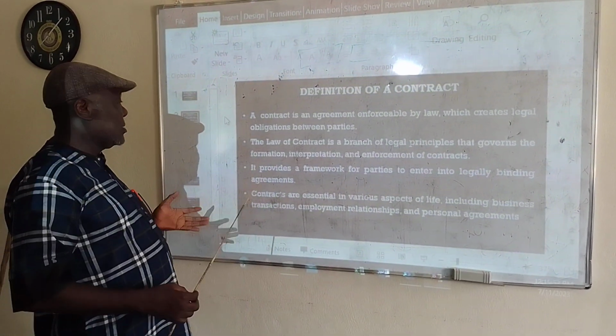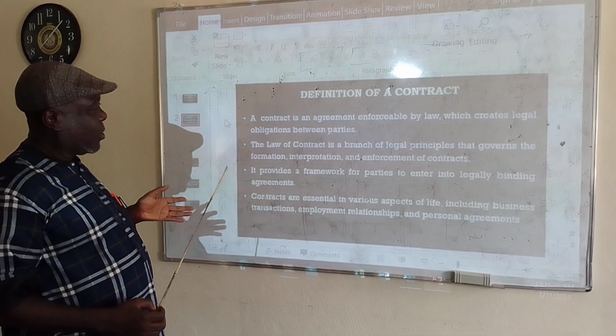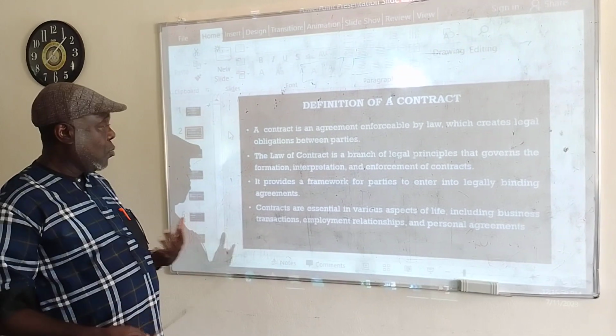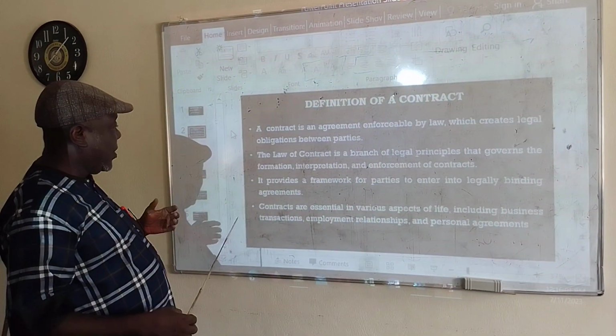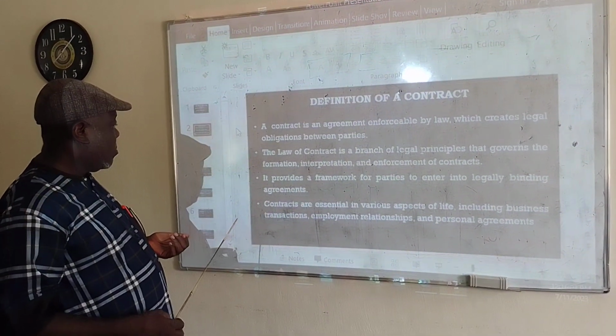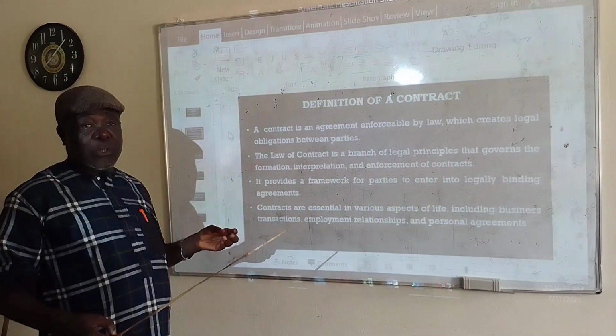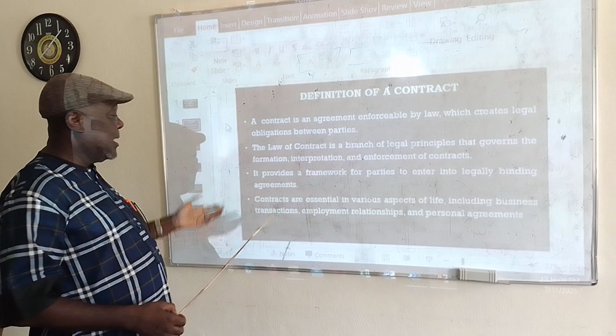Basically, that is what the law of contract consists of, which we shall be looking at as the course progresses. Now, of course, the law of contract provides a framework for parties to enter into legally binding agreements.